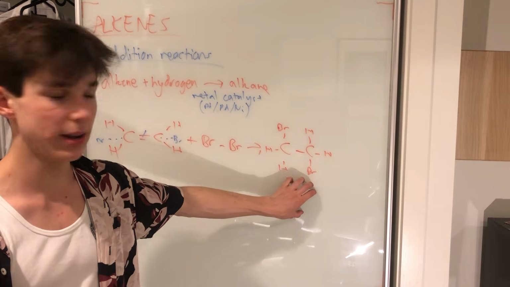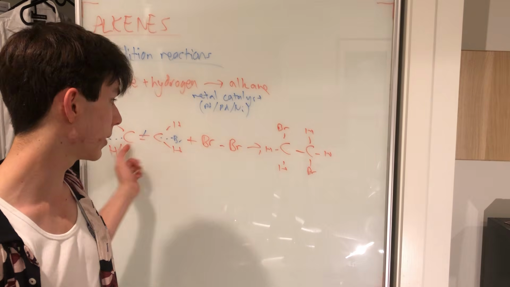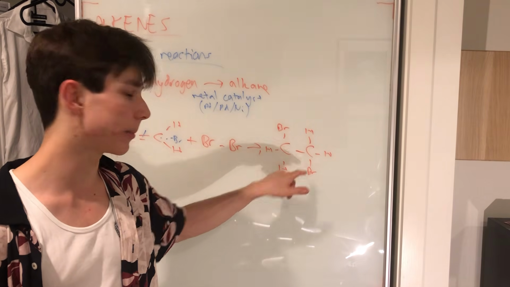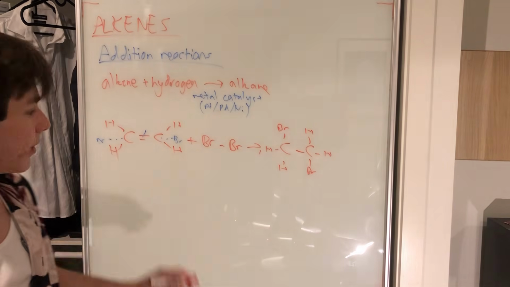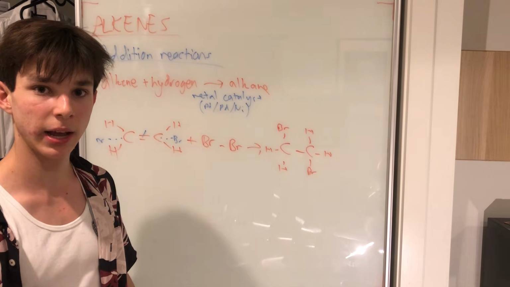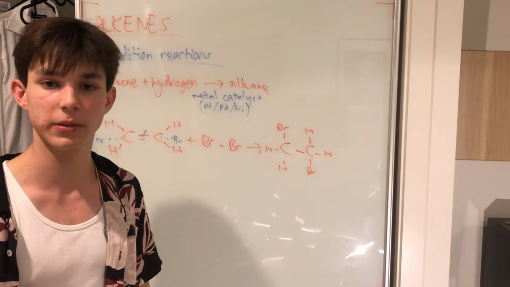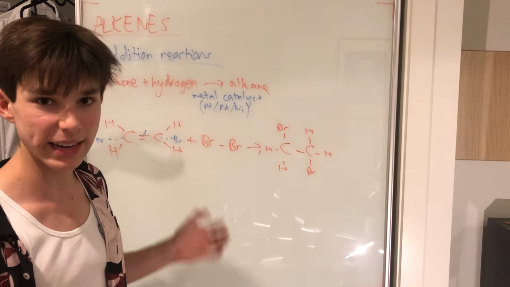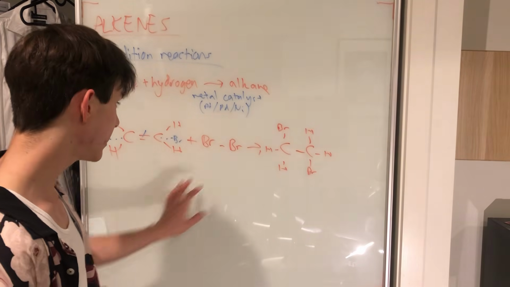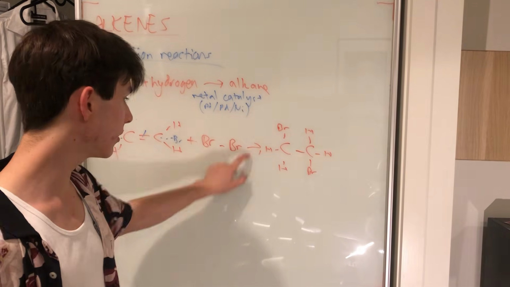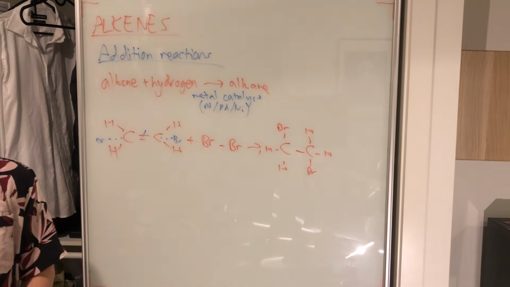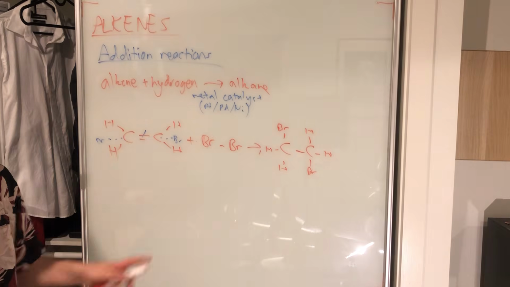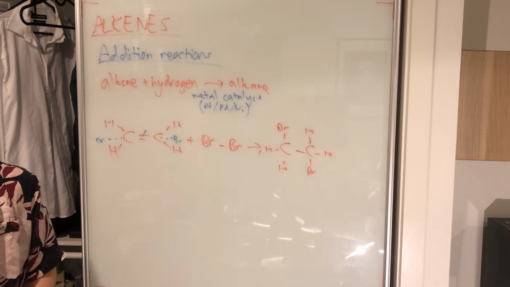This stuff's brown, but we're using all that and it's going to become colorless. So in other words, if we have an alkene or an alkyne, the bromine water is going to lose its brown color. If we just had a single bond, so if we just had ethane or any other alkane, this reaction would not happen. We would still have bromine water and it would keep its color. So it's an important laboratory test to tell apart alkanes and alkenes or alkynes.